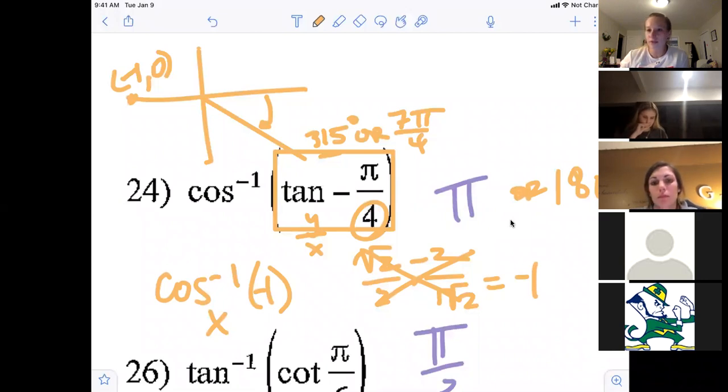How much is it in the first quadrant? Oh, okay, I see what you mean. I know we don't often go back there, but they're all increments of the same. So pi over 4 is 45 degrees no matter where you're at. Same thing, pi over 3 is 60 degrees no matter where we are.